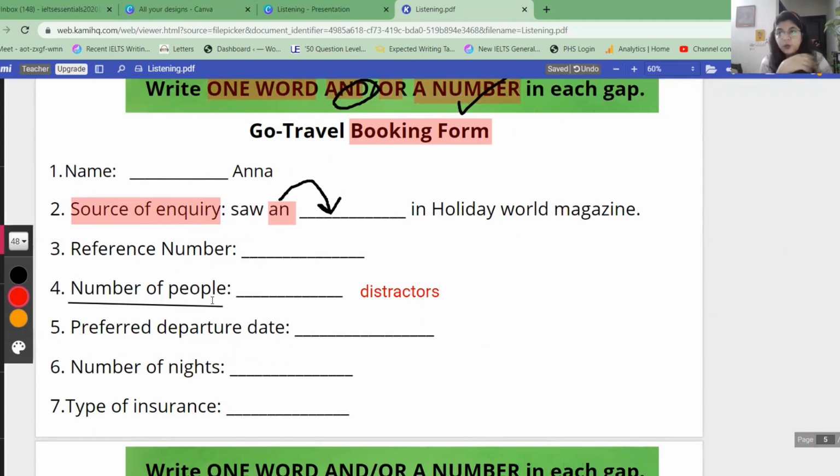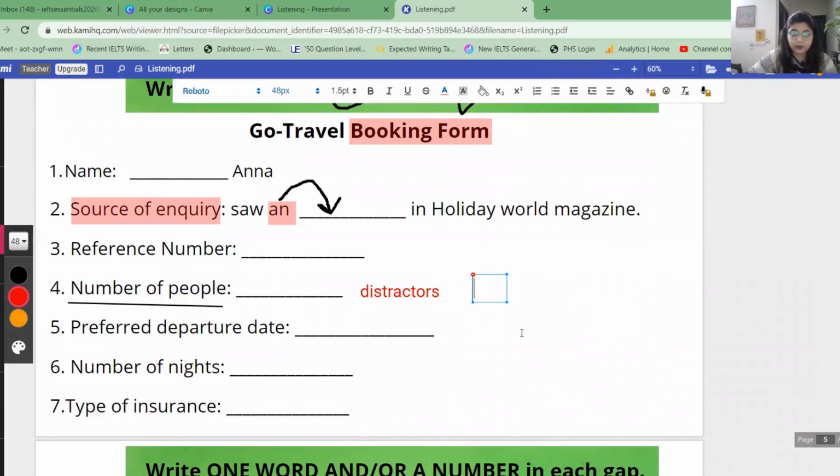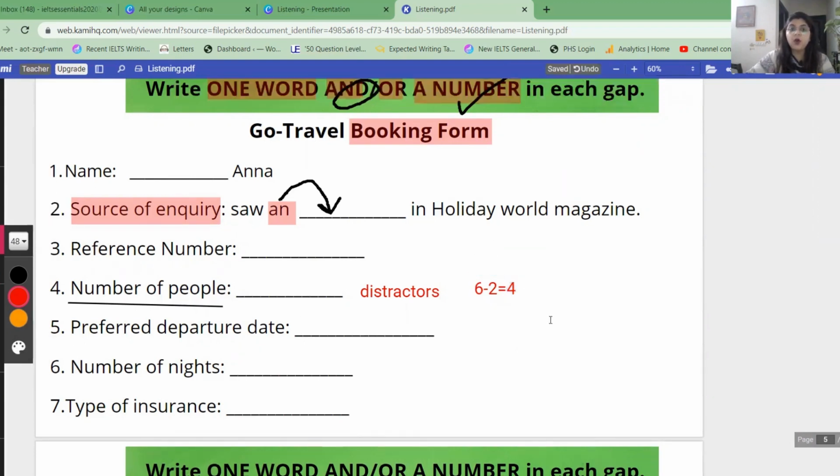Maybe they can tweak the conversation. Like initially we were 6 friends who were planning to go on the trip, but now 2 out of those back out. So now the answer would be, initially they were 6 and 2 back out. So the answer would be 4. Neither 6 nor 2. The answer would be 4.